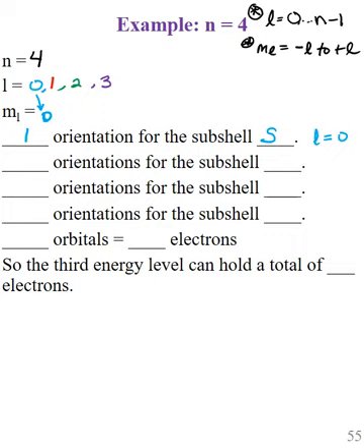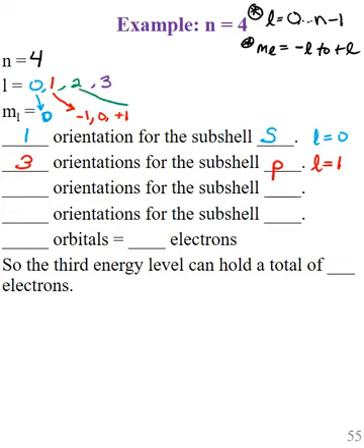Let's look at when L equals 1. If L equals 1, what are the values M sub L could have? Negative 1 to positive 1. How many orientations is this? 3. And what is the subshell? P. Why is it a P subshell? Because L is 1.